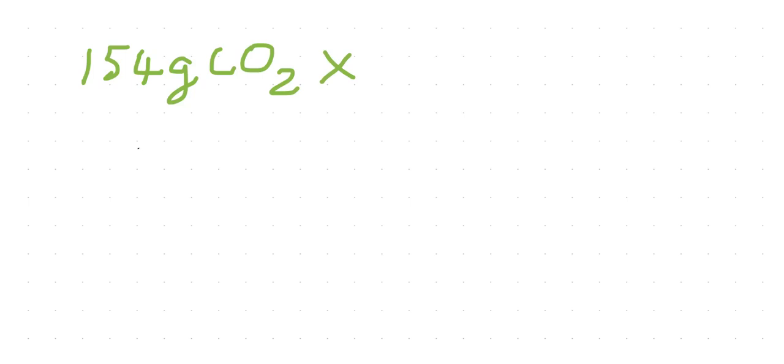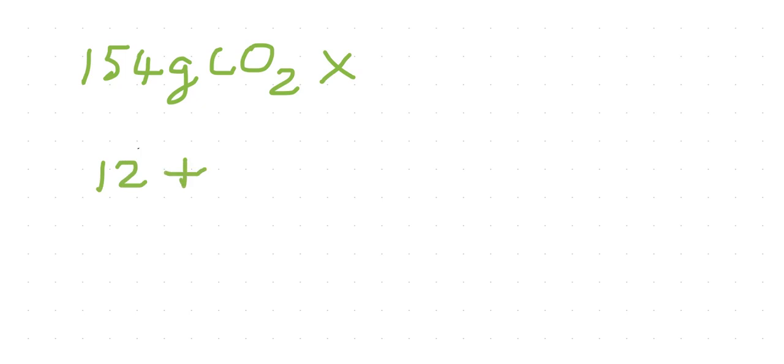So let's say I have 154 grams of CO2. Anytime we're dealing with mass to mole or mole to mass conversions, we will need the molar mass of the substance. If you use the periodic table, you should find that carbon has a mass of 12.